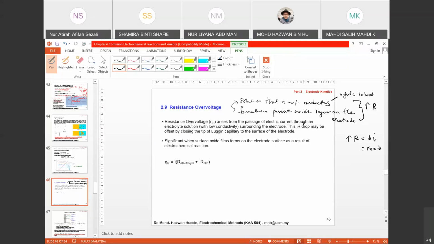So this is what IR drop means: the drop due to current and resistance. It always happens when you have something that jeopardizes the electrochemical process, which in this case is related to the electrolyte conductivity or the metal or electrode surface.